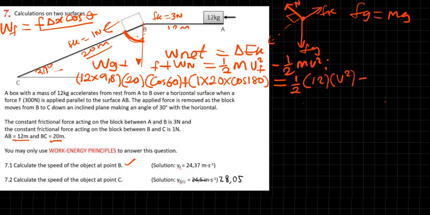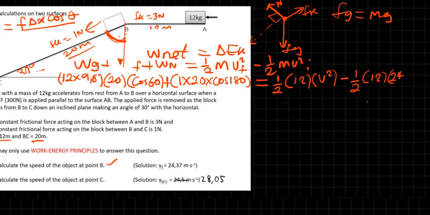And then minus half of 12 again. And then our initial velocity at that point was 24.37, and then squared.